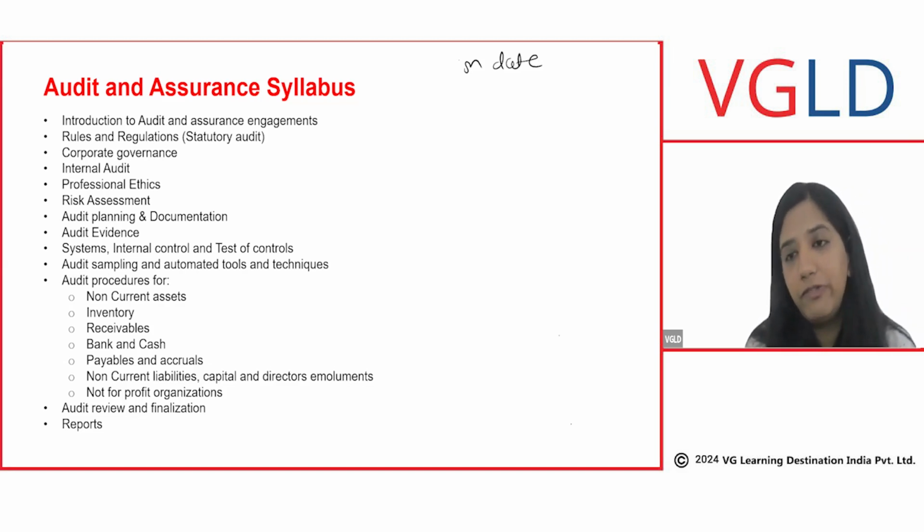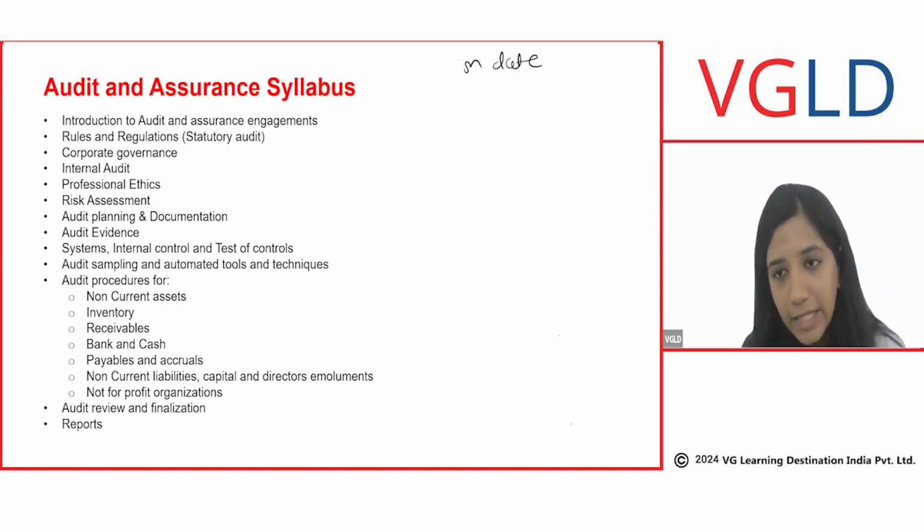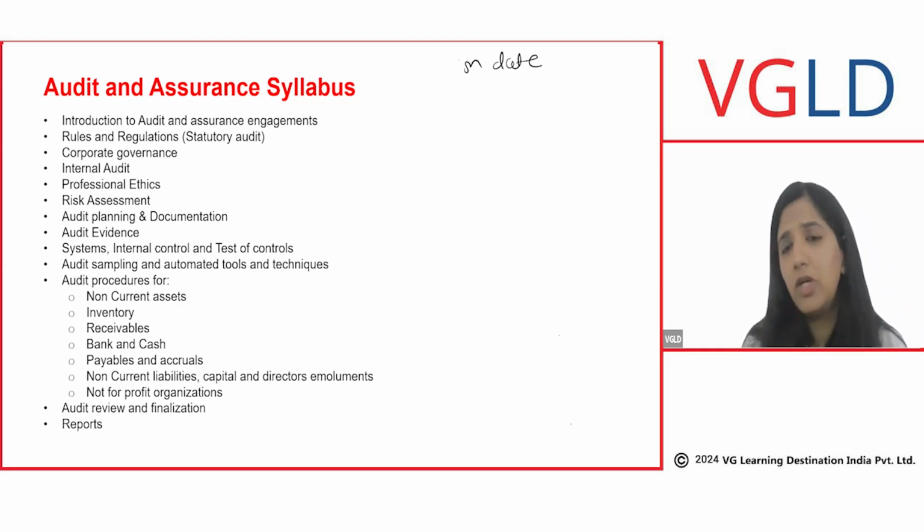Then is your audit review and finalization. So once you have completed your assignment of audit, you sit with your partner. There is a term called partner review. So your partner, your engagement manager, you sit with them and you give them a review of what all you have done. Then, because those people are more experienced when it comes to auditing or that particular profession, they take a professional judgment of what all is to be included in the draft report.